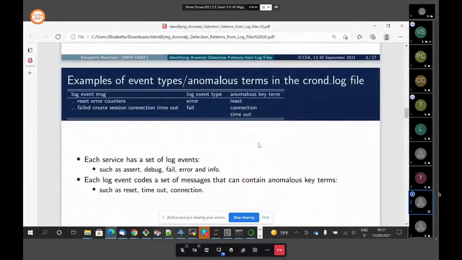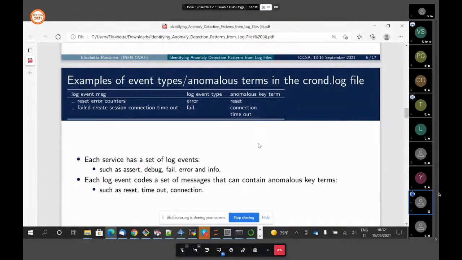Another type of information that can be collected by analyzing this type of file is the log event type and the anomalous key terms. The idea is to collect, for the various event types, the various key terms that are useful in order to determine bad behavior of a service.